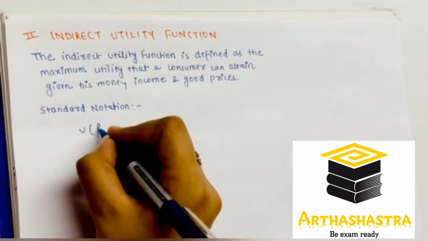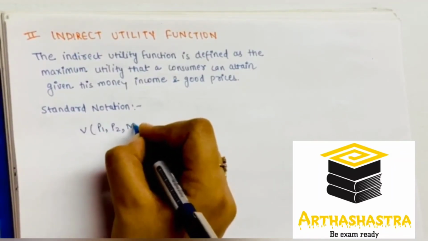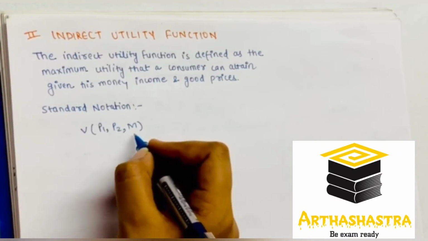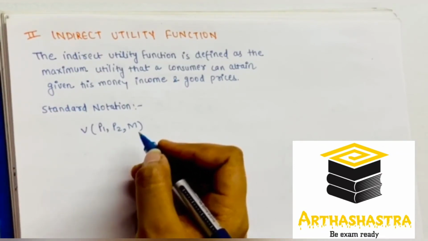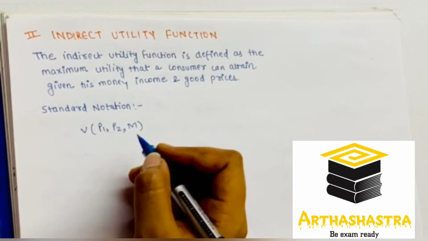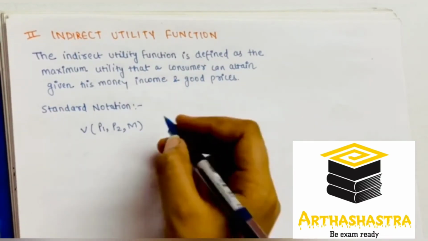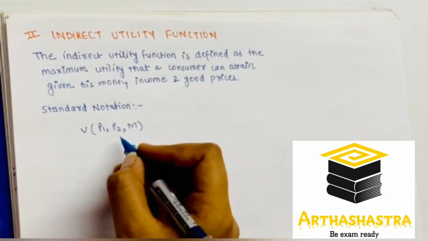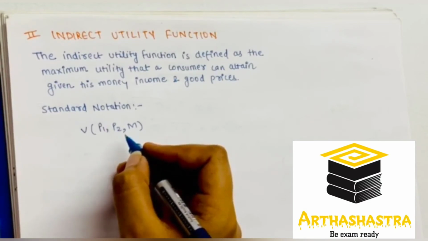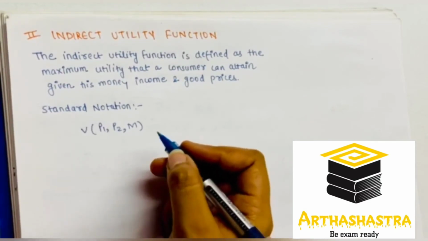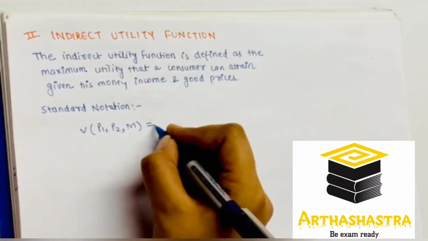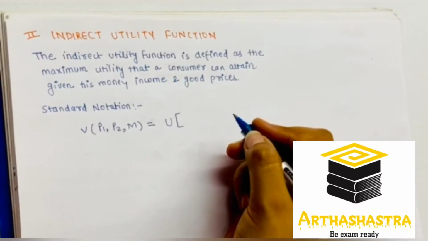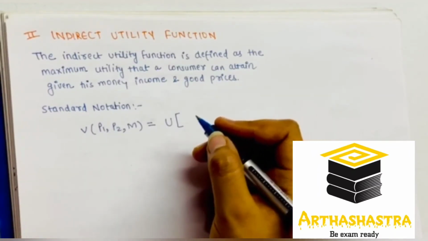So it's a function of P1, P2 and M, that is the prices of the two goods and the money income of the consumer, whereas the utility function is a function of the quantities of the two goods X and Y. As you must have observed, we have found the Marshallian demand functions, which are also a function of the prices of the two goods and the money income. So it's nothing but the utility function as a function of the Marshallian demand functions for the two goods.